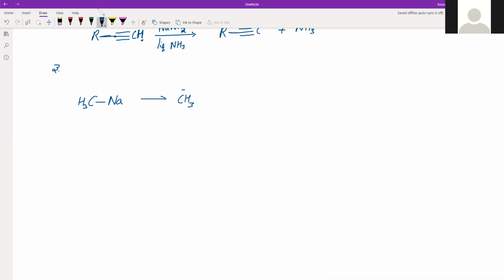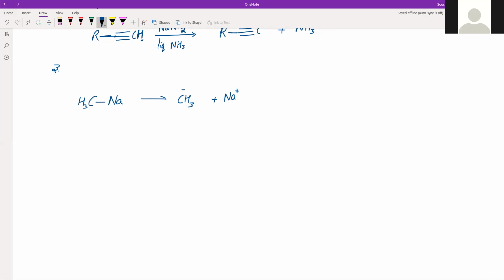And obviously plus Na positive, sorry. Right, this first one, as we have already discussed, a carbon can get negative charge when there will be a heterolytic cleavage, and the attached atom should be more electropositive as compared to carbon. So sodium, magnesium, these are some examples.